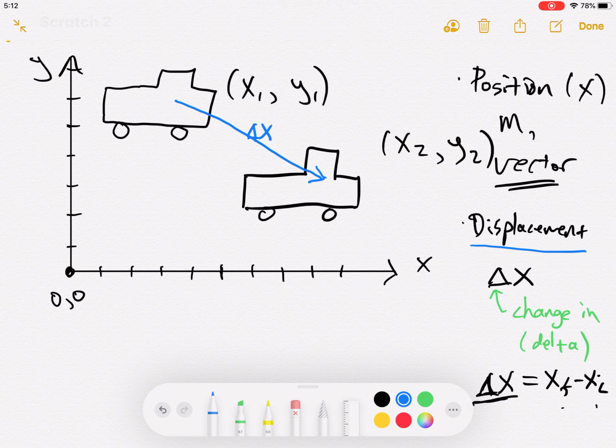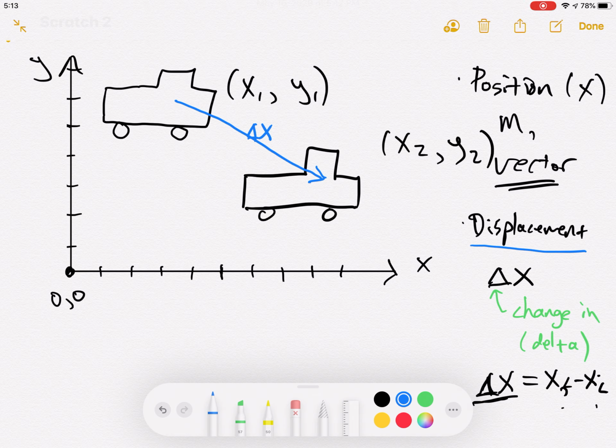Something else. These cars are cumbersome, right? And I don't lose any information if I describe the car or truck or whatever in the world this is as a point. We call that the point mass approximation.